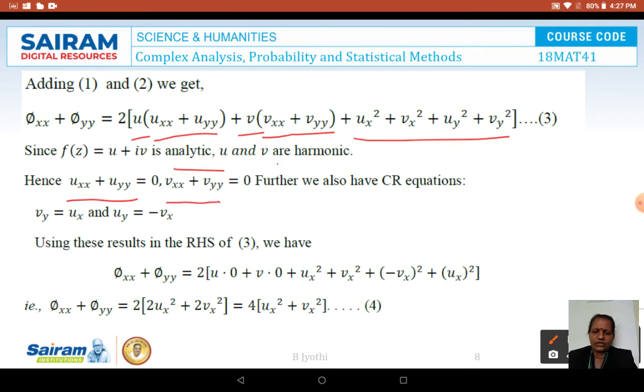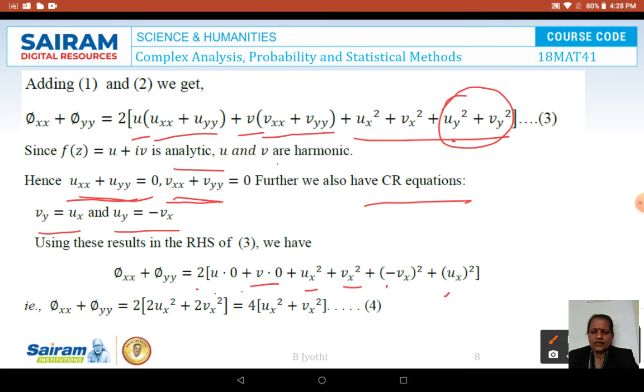And we also have the CR equations: vy is equal to ux and uy is equal to minus vx. Only the y parts will be replaced. So what happens? 2 times u into 0 plus v into 0, because uxx plus uyy is 0, and ux square and vx square remain the same, whereas uy will be replaced with minus vx and vy is replaced with ux.